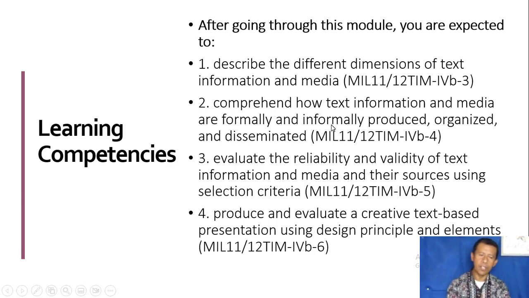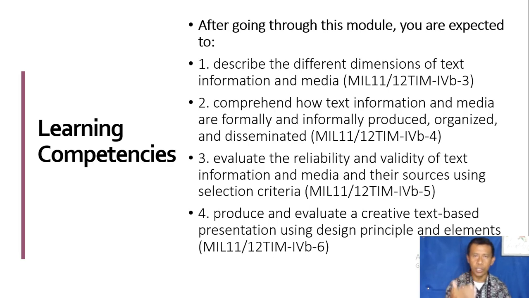Third, evaluate the reliability and validity of text, information and media and their sources using selection criteria. And last, produce and evaluate a creative text-based presentation using design principles and elements. Those are the learning competencies, all about text, information and media.